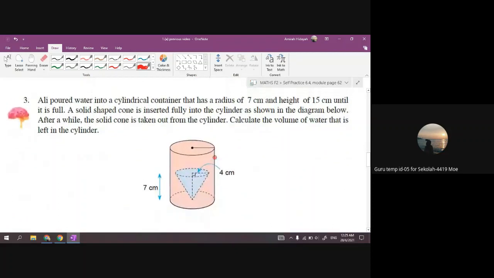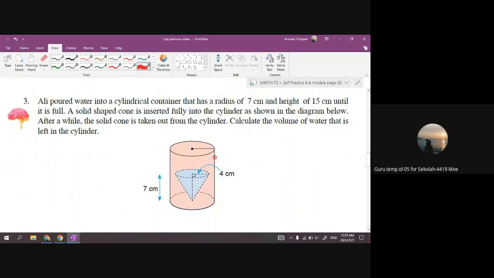Then the last question for self-practice 6.4 is question 3. Ali poured water into a cylindrical container that has a radius of 7 cm and height of 15 cm, until it is full.